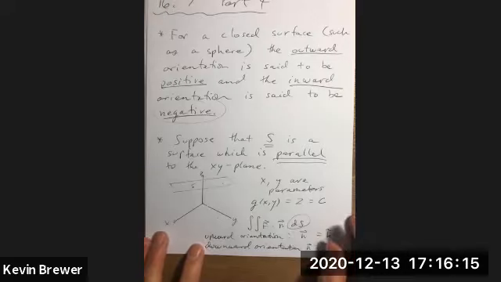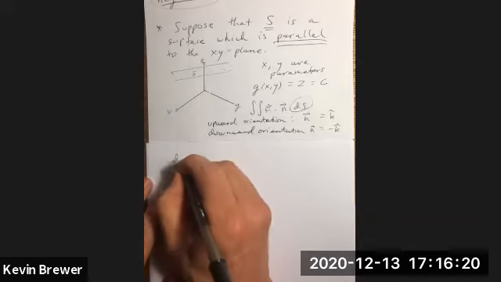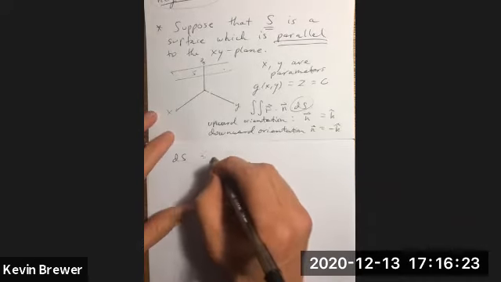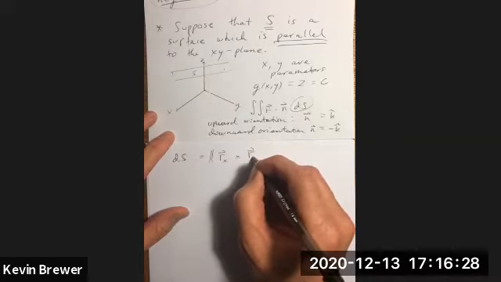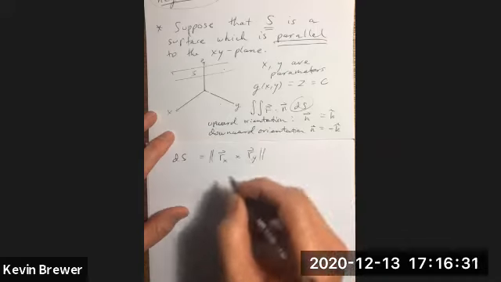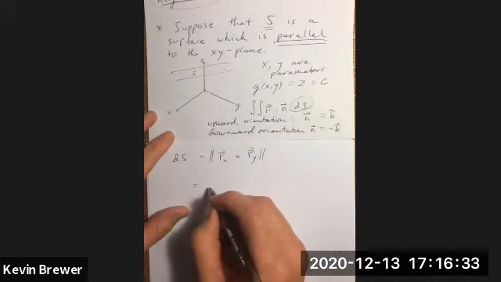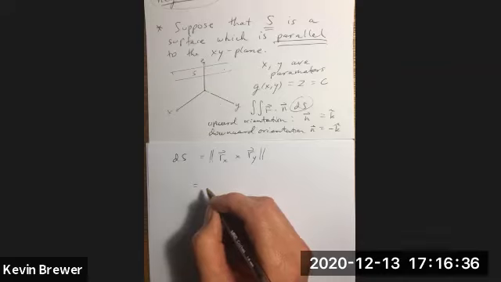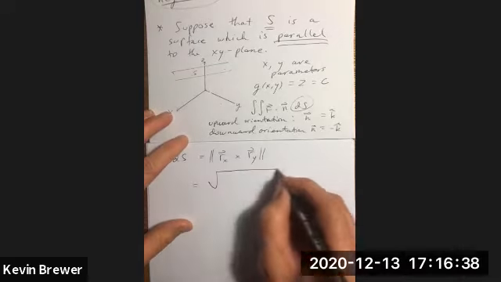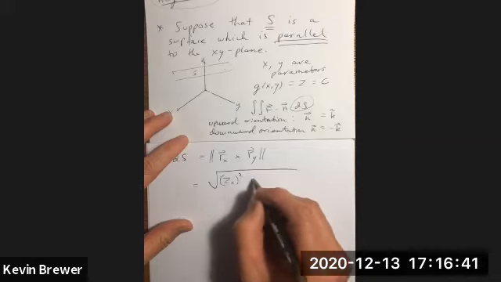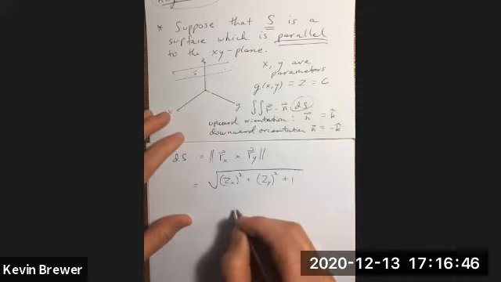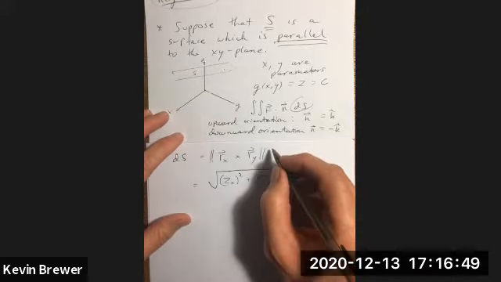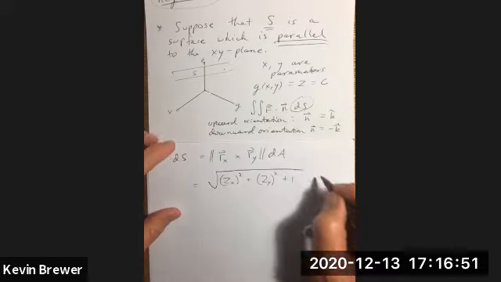But then the question is, what is this dS? And dS, the differential of surface area here, is just the magnitude of r sub x cross r sub y, which I probably shouldn't even write like that. We've already looked at this. It's the square root of z sub x squared plus z sub y squared plus 1. dS is really dA.